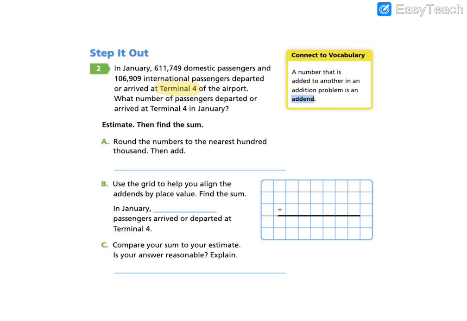So it's asking us about the number of passengers that are coming into or out of one location. So first it tells us to estimate, then find the sum. So first we're going to round the numbers to the nearest 100,000 and then add. I'm going to go ahead and underline that digit first and then go ahead and show your rounded numbers.